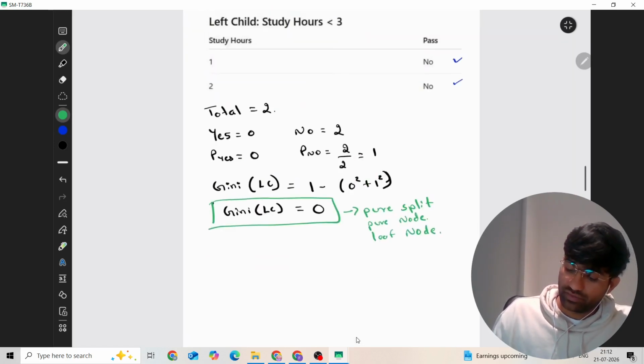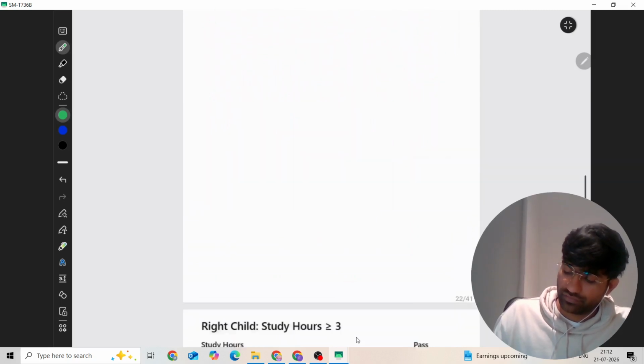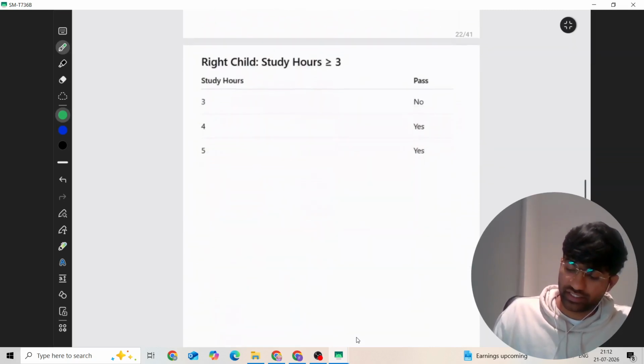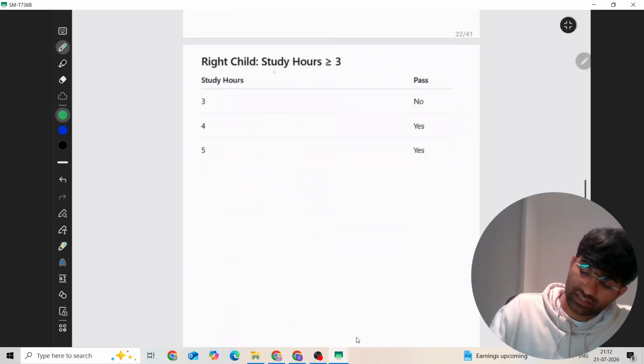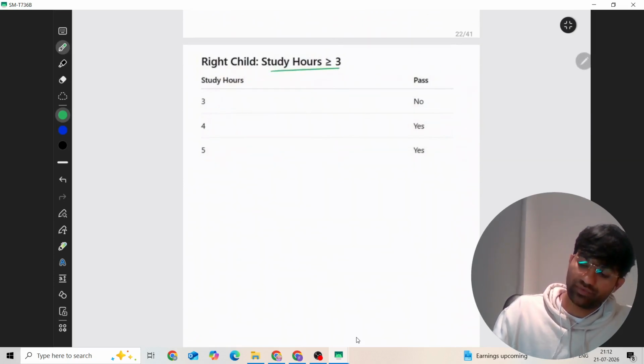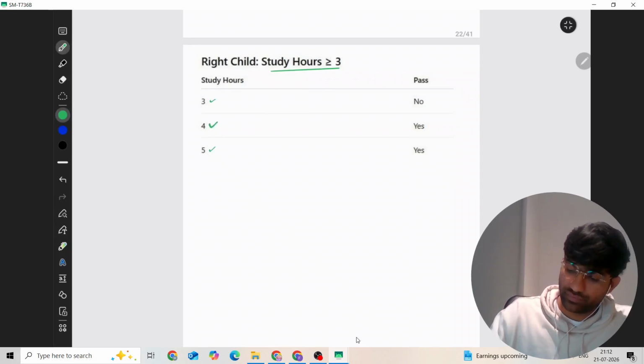Now we will calculate the Gini impurity of our right child. Where the study hours is greater than or equal to 3, we have 3 records. The study hours are 3, 4 and 5. If you see, we have 1 no and 2 yes.